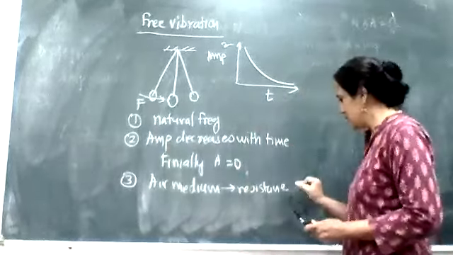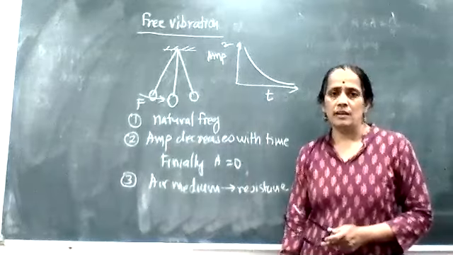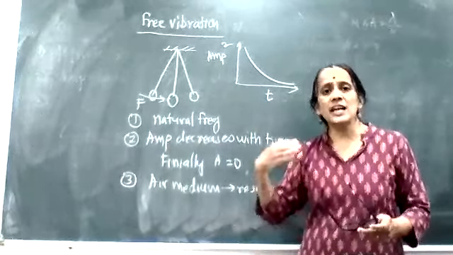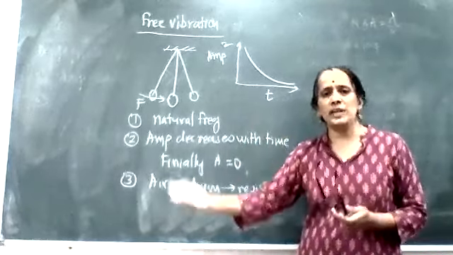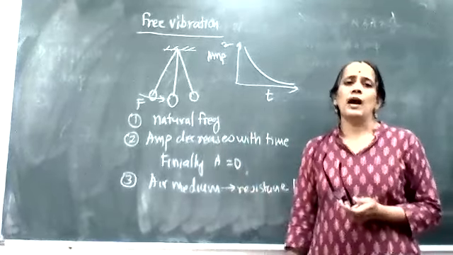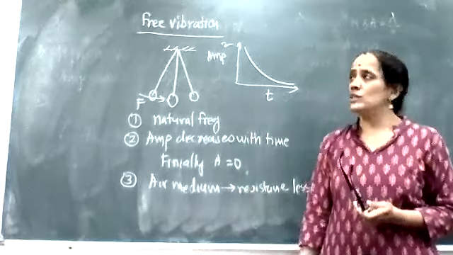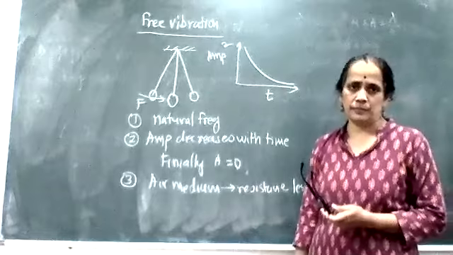Though it is less, it is offering a certain resistance. Due to that medium resistance, there is a transfer of energy from the pendulum to the medium, and therefore the amplitude of vibration decreases. So this type is called free vibration.